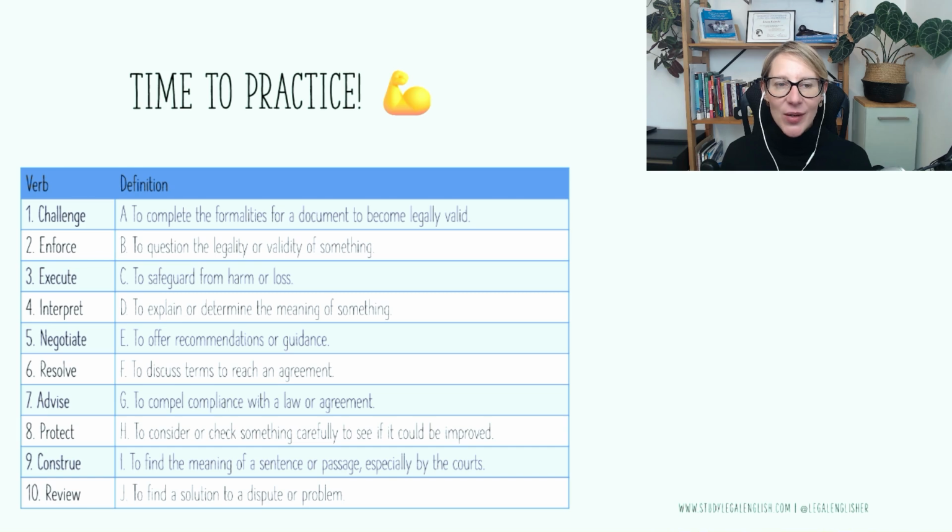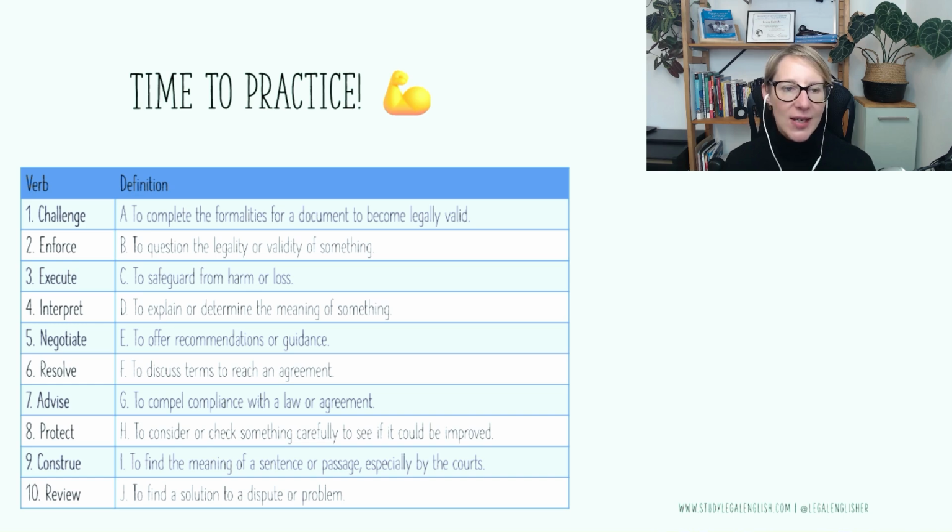All right, so let's now do the important part. It is now time to practice. So let's check if you can remember the definitions of these verbs, okay? Of course, you know that they all conjugate with ed at the end for the past simple and the past participle. So that's the easy part. I don't need to ask you questions about that. But here, let's check your understanding of the meaning of these words.